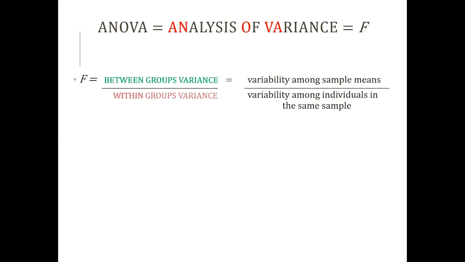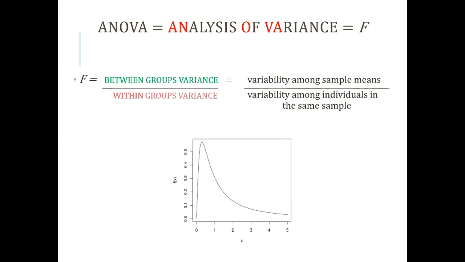So we calculate an F statistic when we have 3 or more sample means. Previously we've worked with 1 or 2 sample means, and now we're in a situation where we have 3 or more sample means, and we want to ask whether or not those sample means differ significantly from one another.